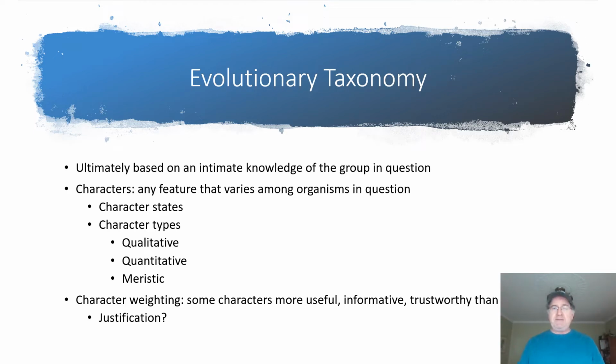The basic idea behind the criticism was that if I construct a classification and then look at the distribution of character states, then I can see which characters in that classification are important in determining its structure. And so then I can say a posteriori, after the fact, that those characters are important and should be weighted, should be given extra emphasis.